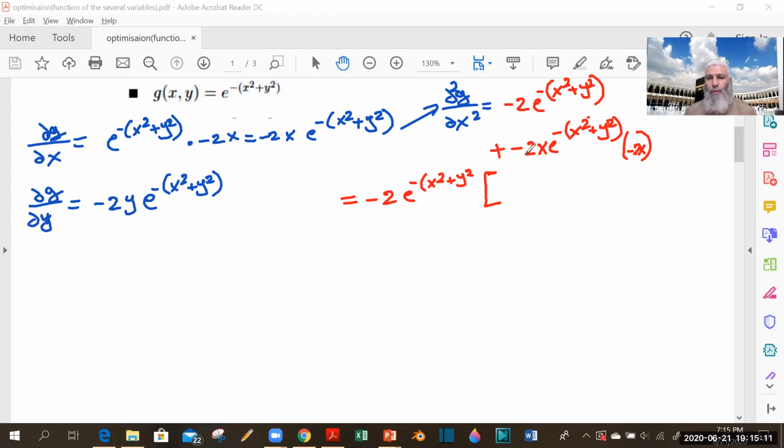So we have here 1, and this will be positive 4x squared, so inside the bracket we have 1 minus 2x squared, because we have 4x squared here. Negative multiply negative is positive. Can you see why I did this? So this is d2g dx squared.